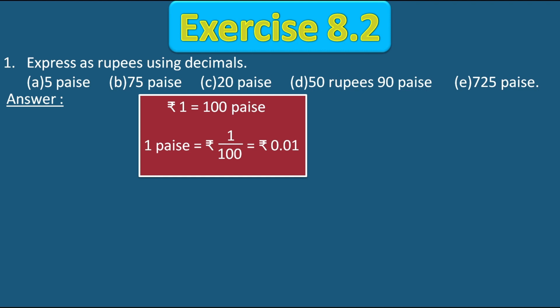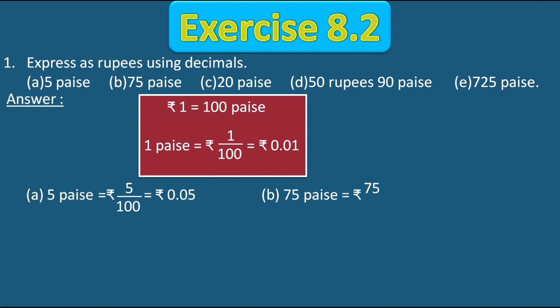Now let's solve. Here we have the first one, that is 5 paise. As I told you, 1 paise is equal to 1 upon 100. Therefore 5 paise is equal to rupees 5 upon 100. And in terms of decimals it is equal to rupees 0.05. Now let's take the next one, that is 75 paise. 75 paise can be written in the fraction pattern as 75 upon 100.